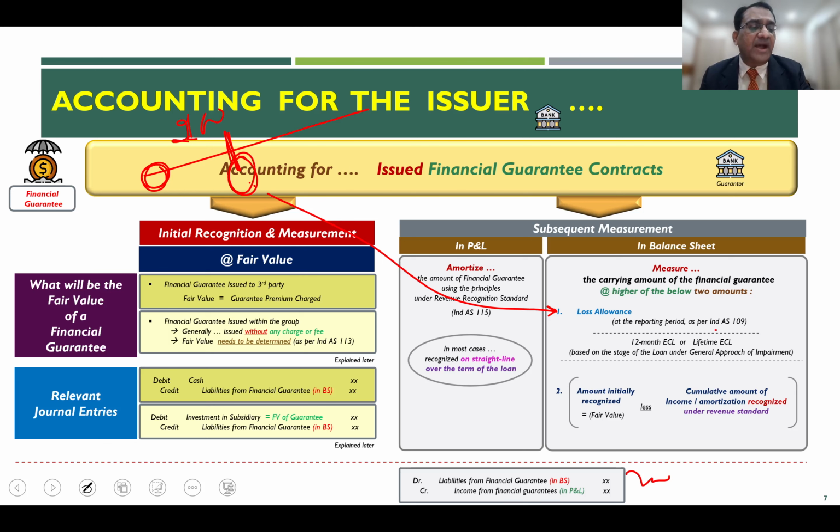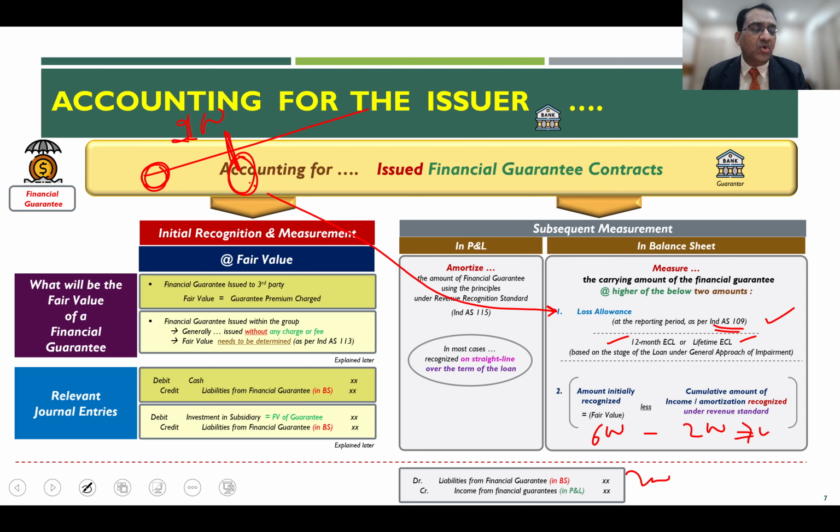This is determined by applying the Ind AS 109 impairment requirement, which is 12-month ECL or lifetime ECL as the case may be. Now, if you look at the carrying amount in this example, which is continuing in the books of the guarantor, you initially recognized 600 rupees minus you already recognized 200 rupees at the end of year number 1.